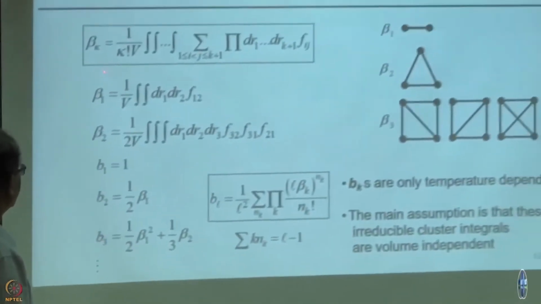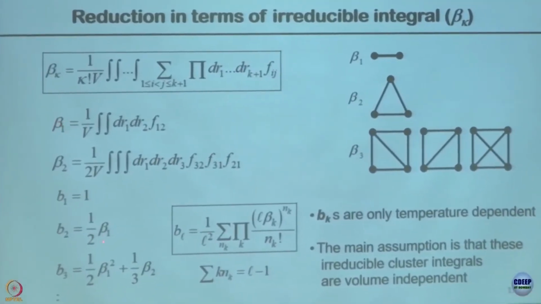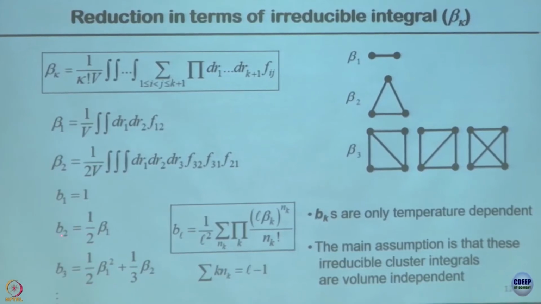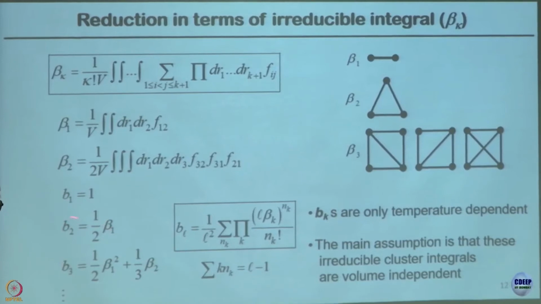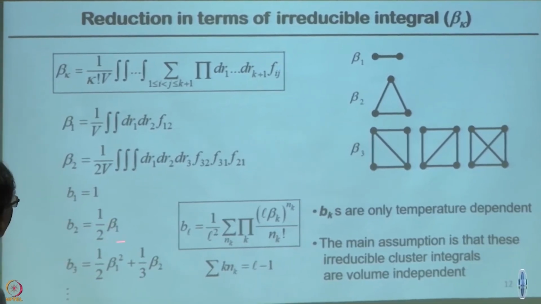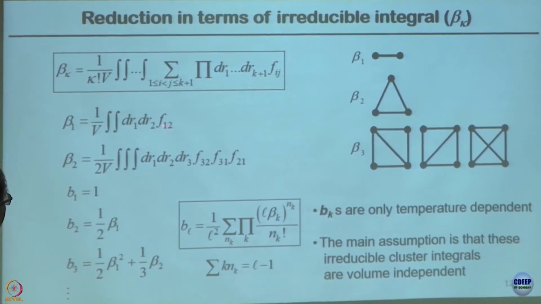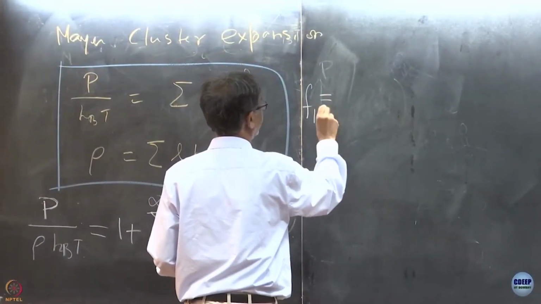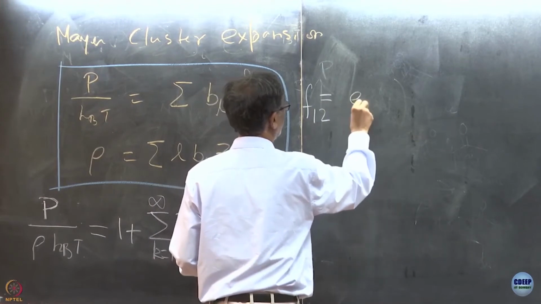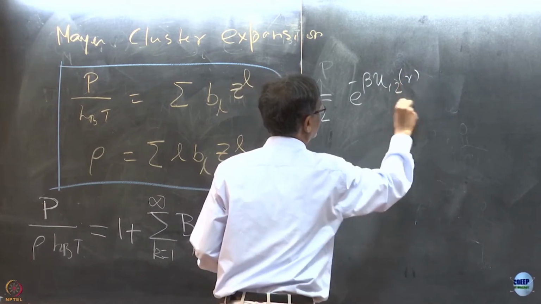Now these are the integrals, the same with a factor of 2, the same as the second of the reducible cluster integrals. There is a difference of 1 between them, but this is the integral you have to remember. It is f12, and remember f12 is the Mayer f function. So f12 is this quantity e to the power minus beta u12(r) minus 1.